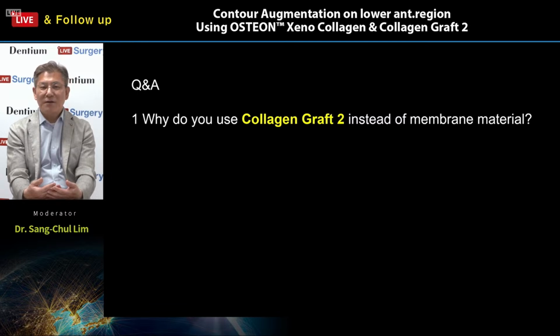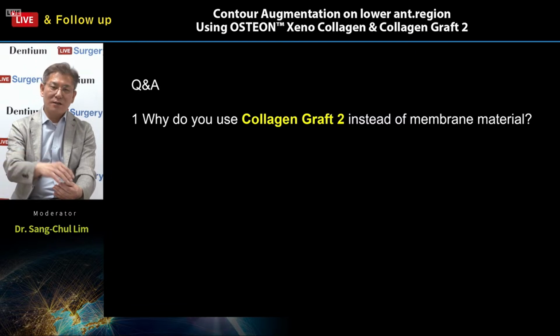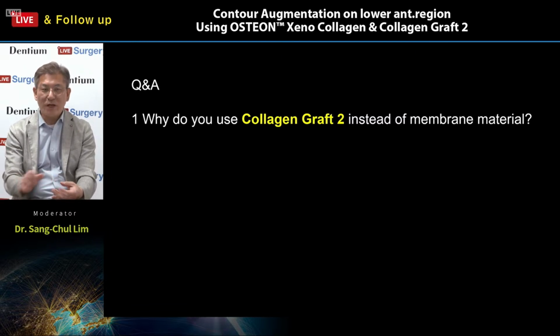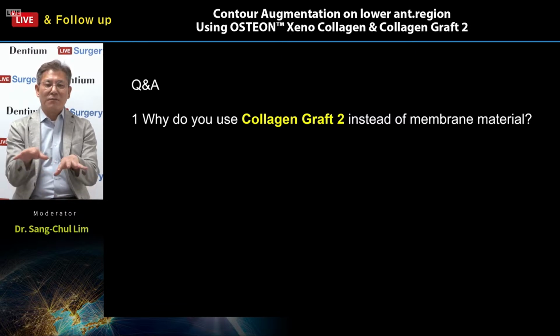So there is not enough time to maintain the underlying bone graft materials until they transform into newly forming bone, right? So between these two different biomaterials, first, there is a different function and different aim.